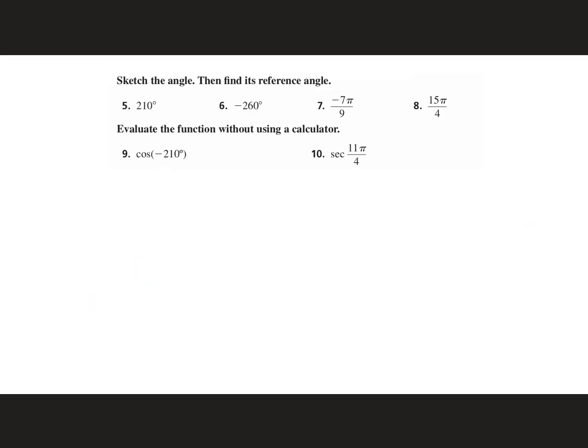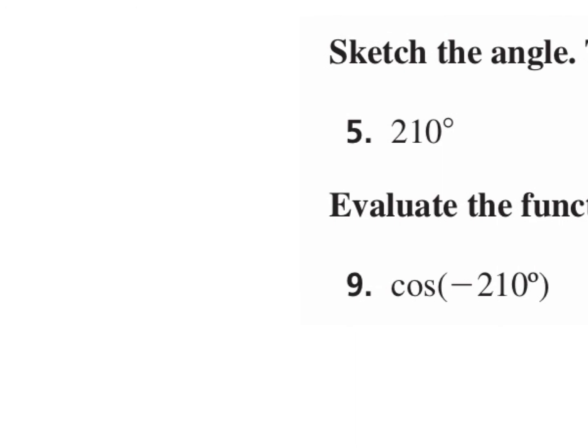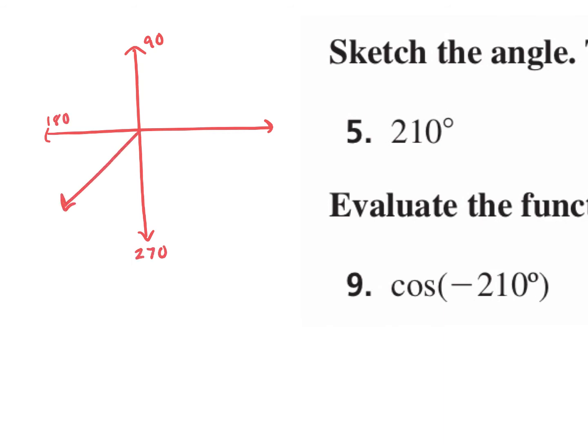So we're going to do 5 and 7. Let's take a look at 5. The first thing we need to do is sketch the angle. What quadrant would 210 degrees be in? The third quadrant. So it's over here. What is our formula for our reference angle when we're in the third quadrant?